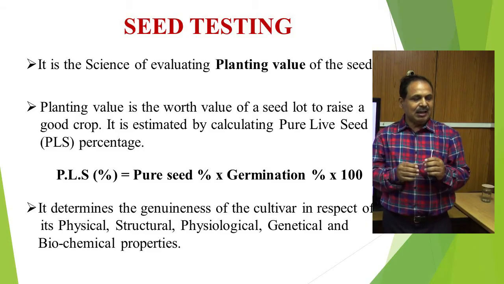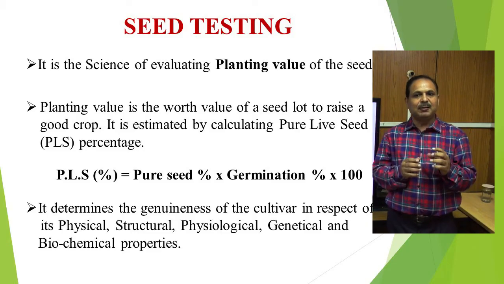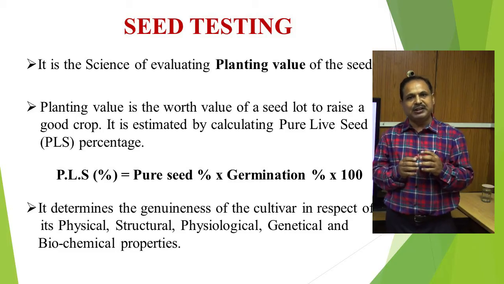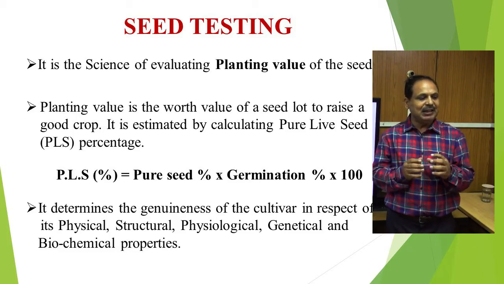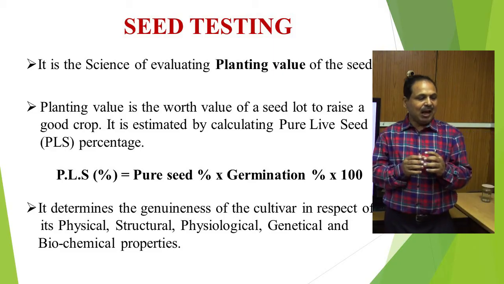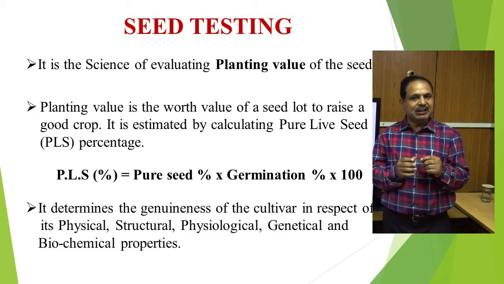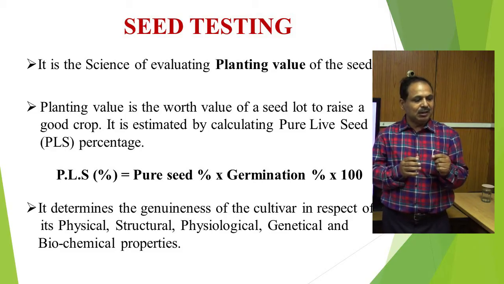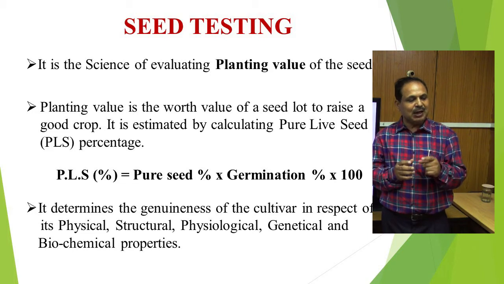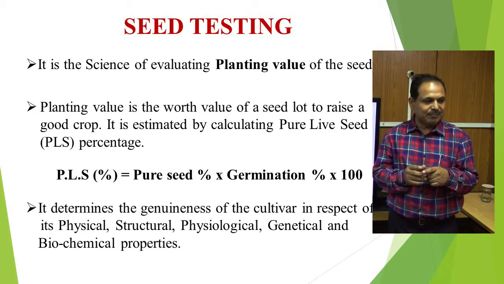The planting value of the seed lot is determined by the PLS value, that is, the pure live seed percentage. PLS is calculated by multiplying the pure seed percentage by the germination percentage.